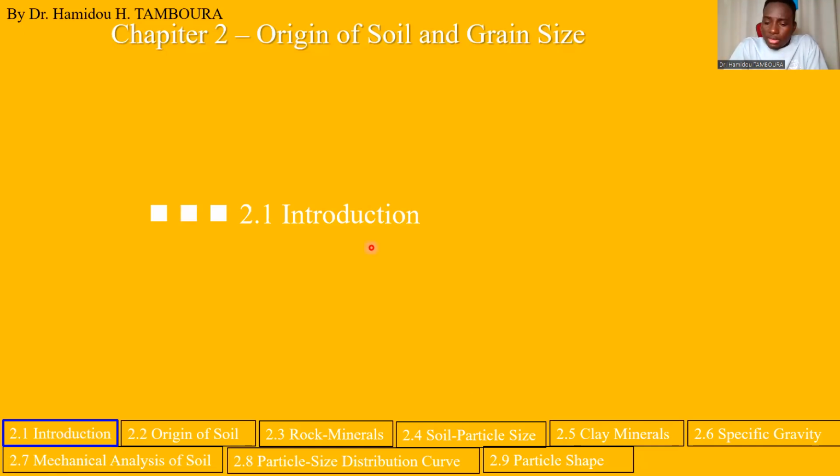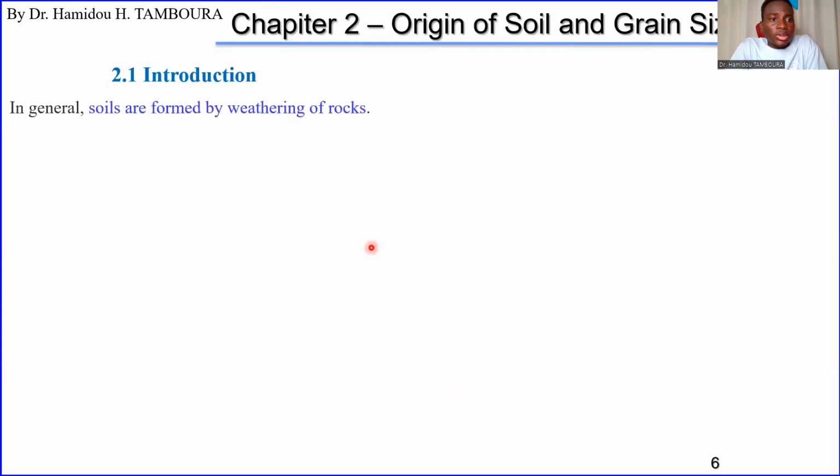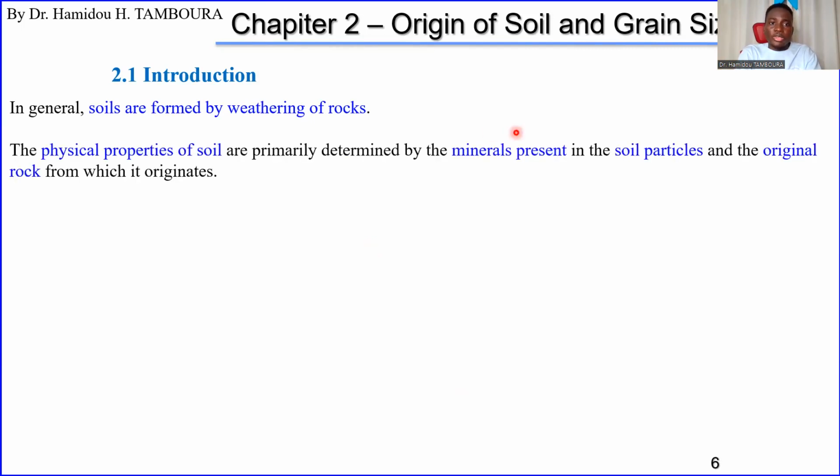Here, in this introduction, in general, soil is formed by weathering of rocks. So it means weathering of the rock induces the formation of soil. Okay, so the physical property of this soil obviously will be influenced by the rock.